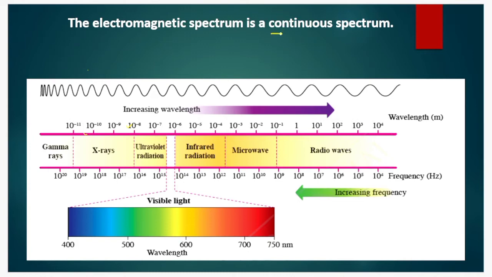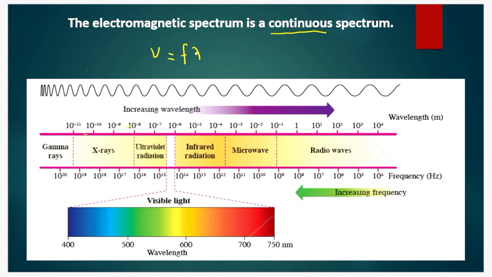Continuous spectrum means there's no gap between the series of electromagnetic waves: gamma rays, X-rays, ultraviolet, visible light, infrared, microwave, and radio waves. The spectrum of electromagnetic waves are arranged according to frequency and wavelength.